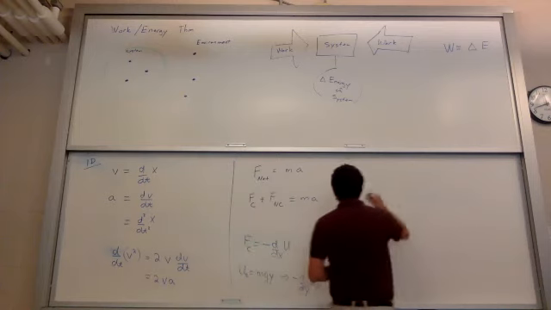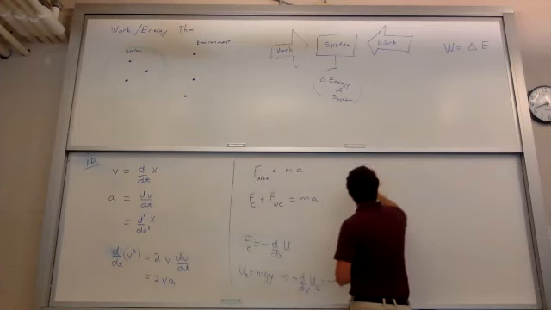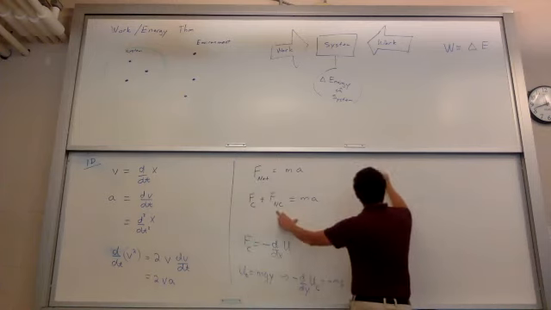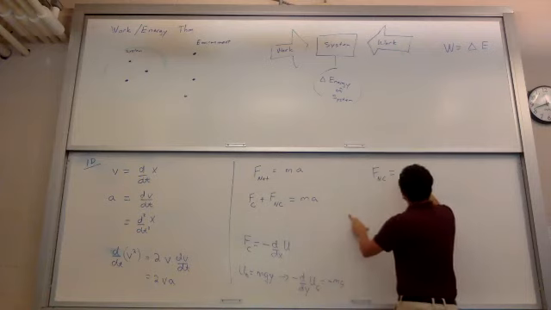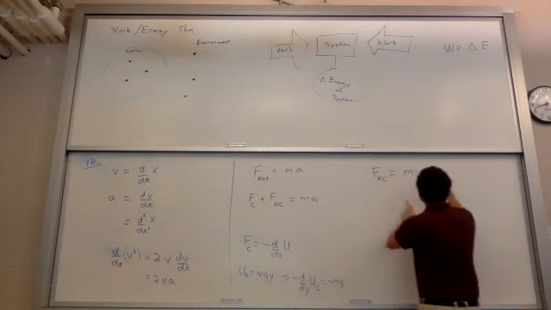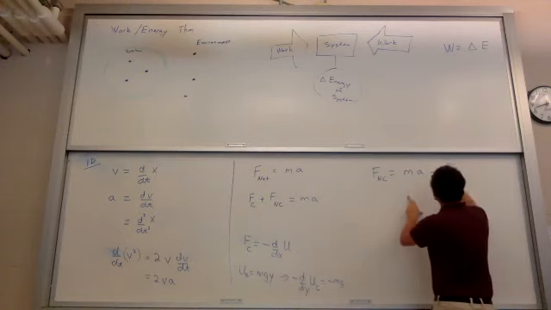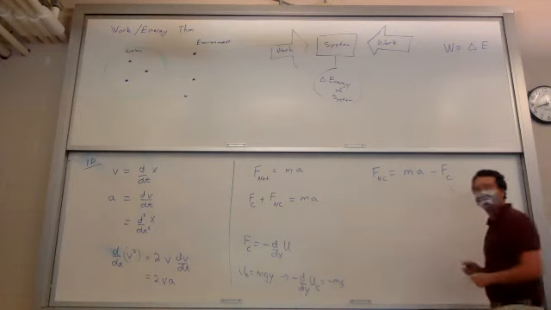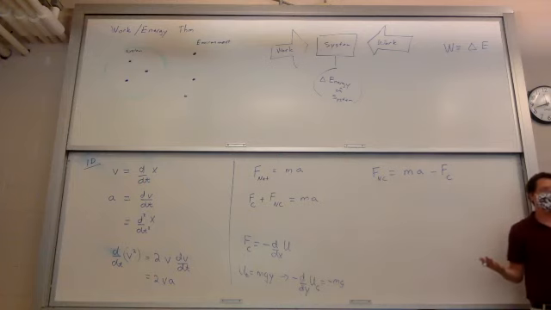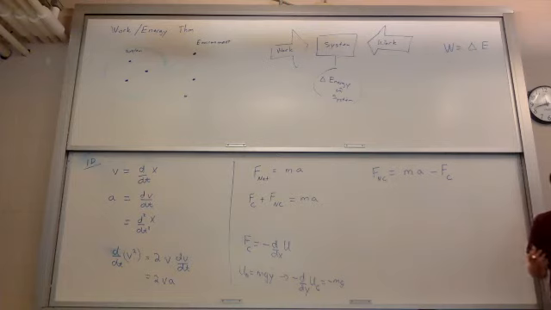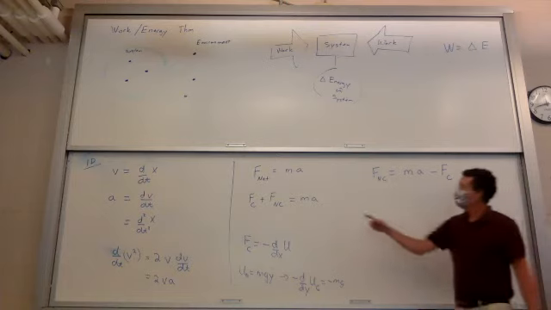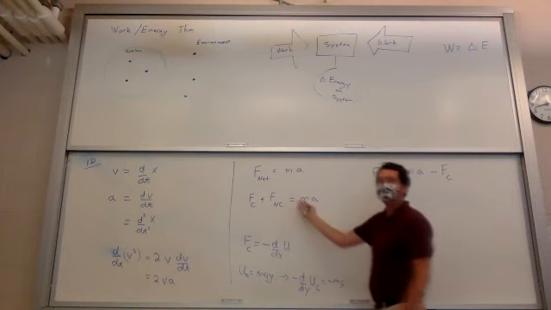So I'm going to rewrite this as the non-conservative force equals mass times acceleration minus the conservative force. Even if it's not clear why, I'm certainly allowed to do that. Net force is the sum of all the forces. I can split it however I want.